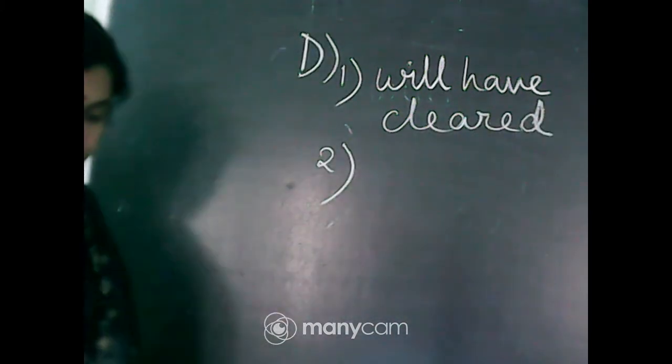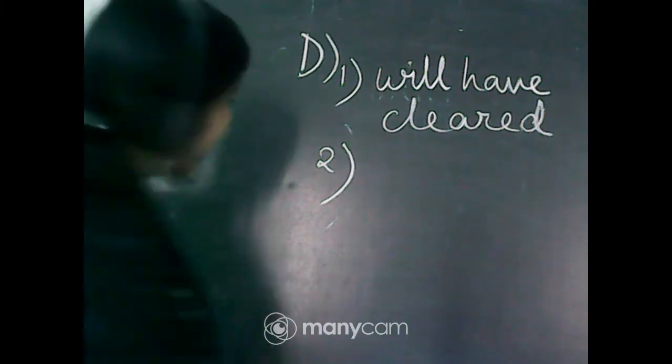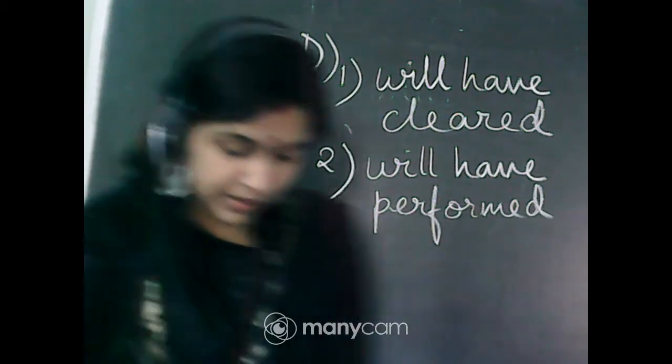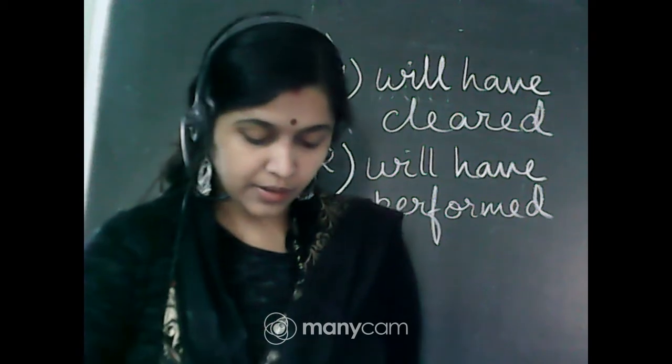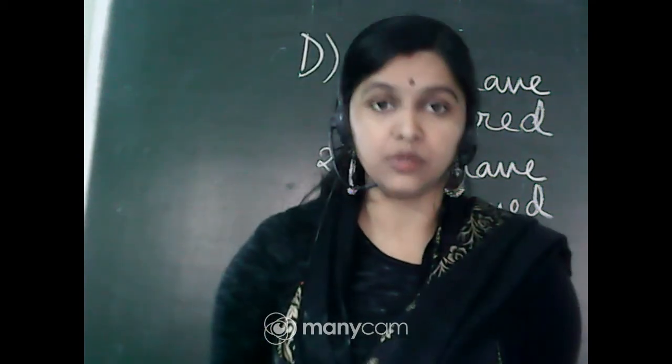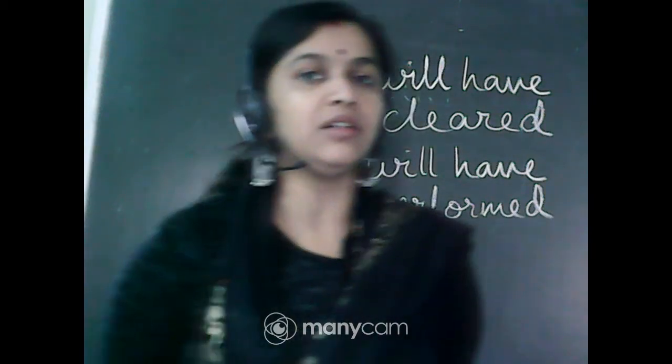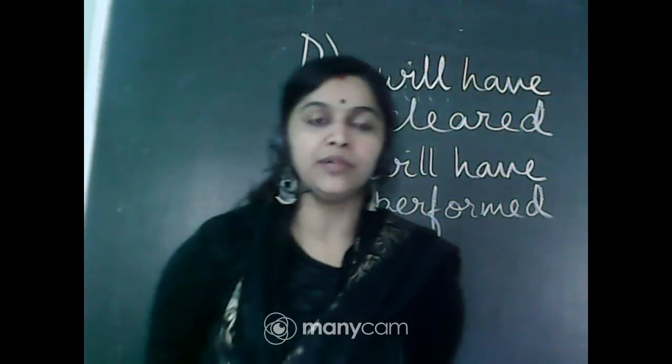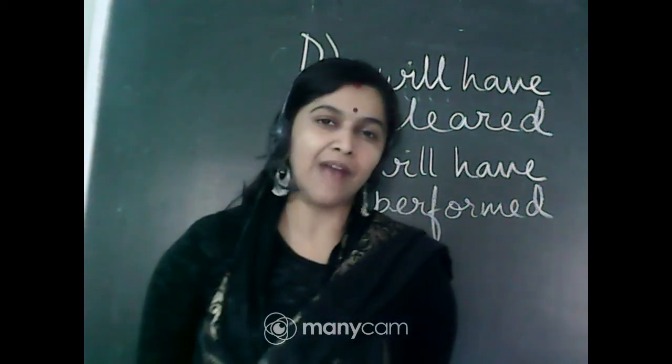Number 2, the clown will have performed. Number 3, the tailor will have stitched. Number 4, the woodcutter will have cut, because we know that all the three forms of the verb cut are the same, right? So will have cut.